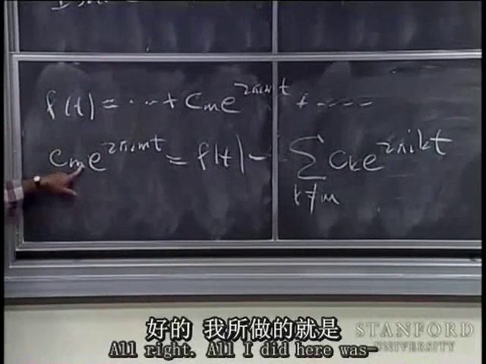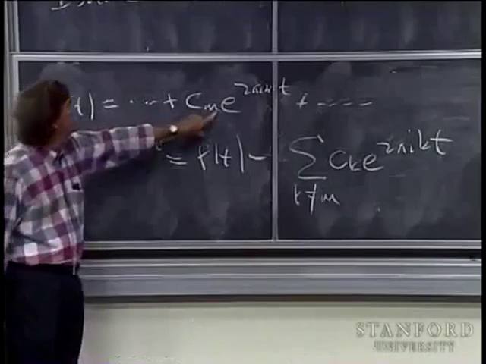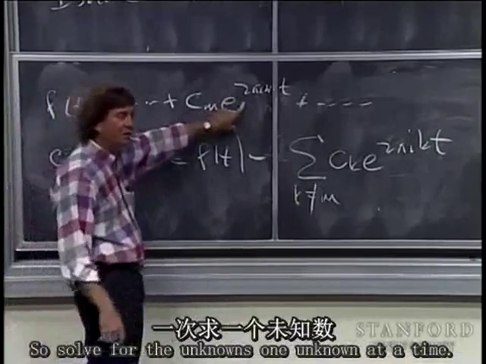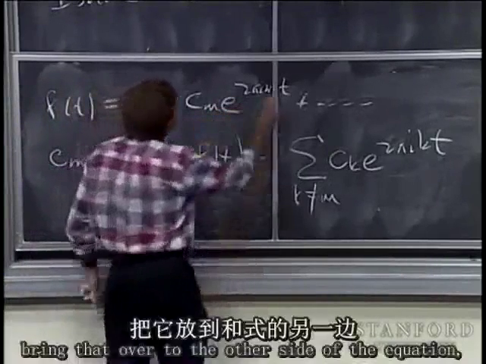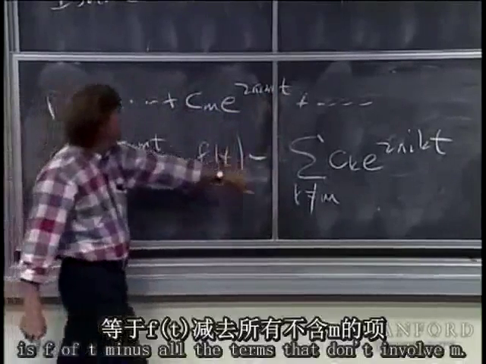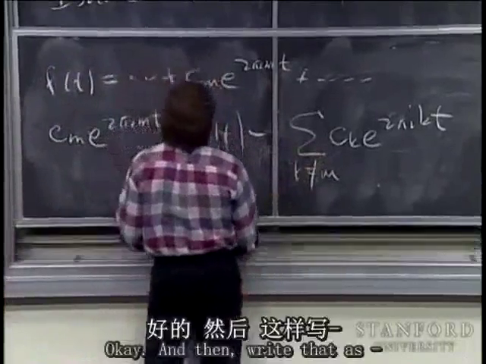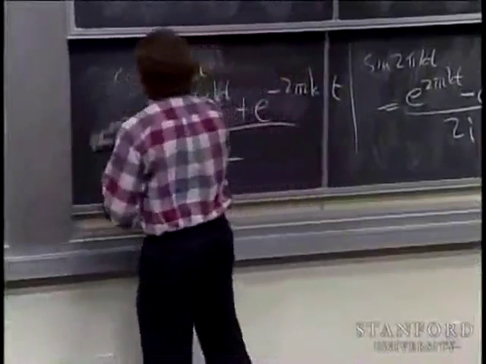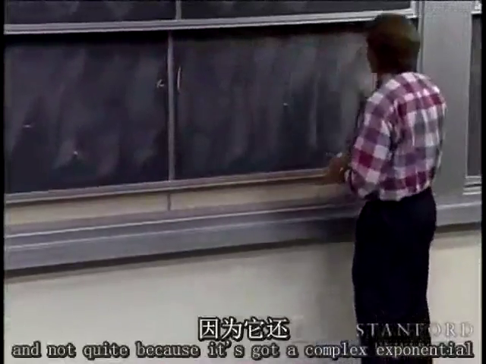So f of t is this big sum. One of those terms in the sum is c sub m e to the 2 pi i mt. I want to solve for the unknowns, one unknown at a time. So this is the mth term in the sum. Bring that over to the other side of the equation. Write c sub m e to the 2 pi i mt as f of t minus all the terms that don't involve m. That's almost isolating c sub m, but not quite because it's got a complex exponential in front of it.